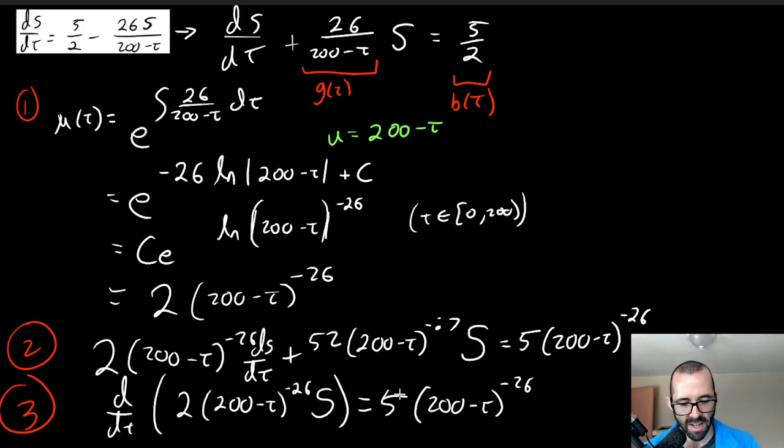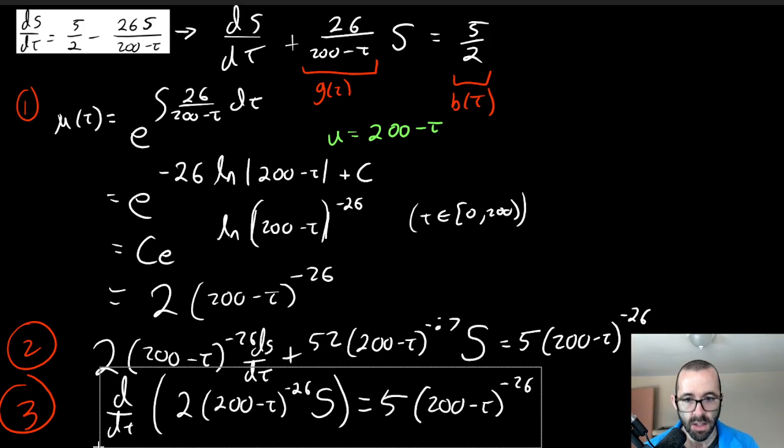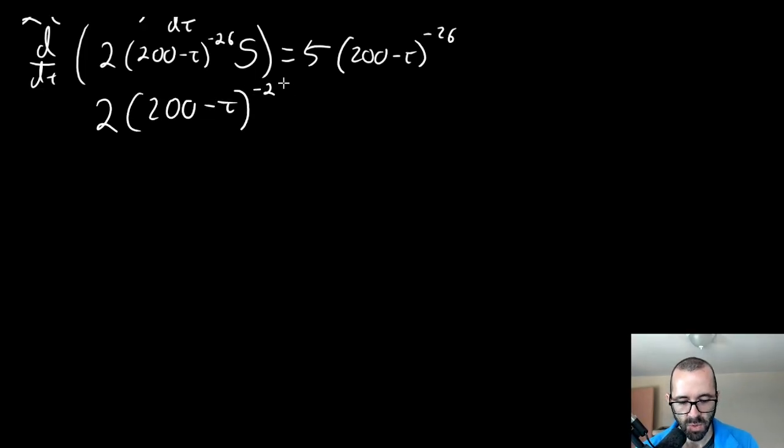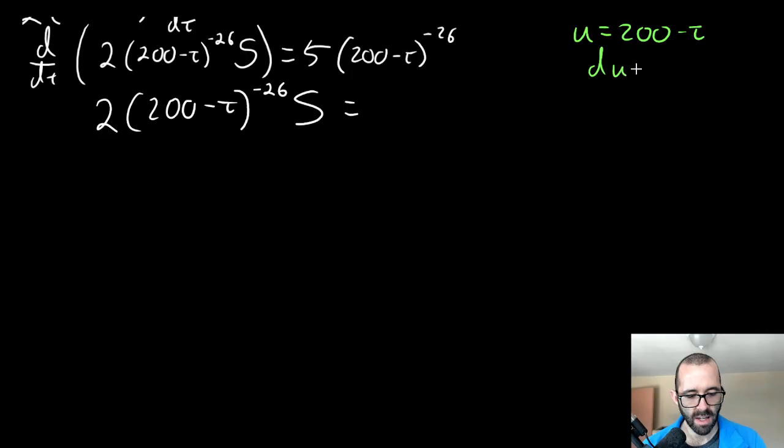And now we can integrate both sides, and I'm sure it will lead to a very happy ending. So when we integrate both sides, we're going to get 2 times (200 minus t) to the negative 26 power times s, the salt, is equal to the integral of the right-hand side, which looks kind of messy, but it's actually not that bad. It's just a simple u substitution, where u is equal to 200 minus t, and du is equal to negative dt.